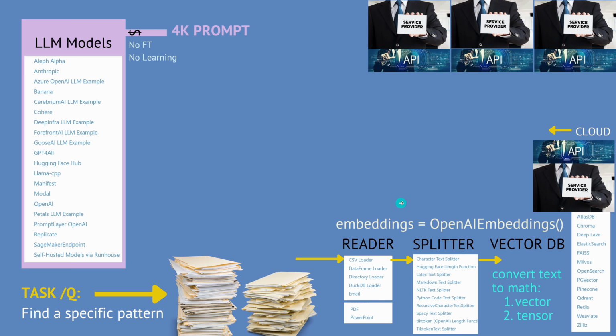And for embeddings, you have a huge choice. Since we want to work with OpenAI, we go with the OpenAI embeddings. This means each word or each token is now transformed into a vector. A vector is a very simple representation in a vector space.